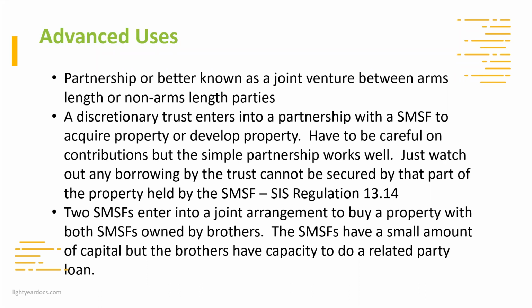Alternatively, it could be the other way around, that the property might be in the discretionary trust or family company, and then the SMSF is going to commit funds in order to do the development of the properties. And then obviously needs, at the end of the day, to have an agreement as to what happens to those properties and the realisation of any profits from there. So either one can be good, works really well. But again, if it's just two discretionary trusts between a couple of brothers, it's really not a big issue.